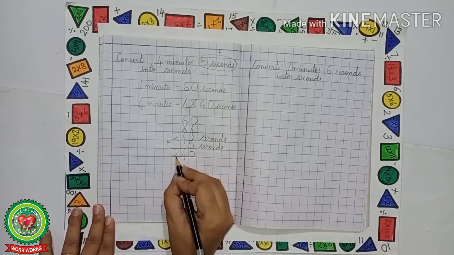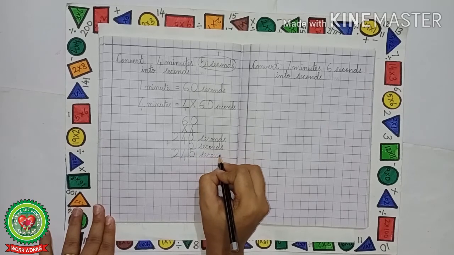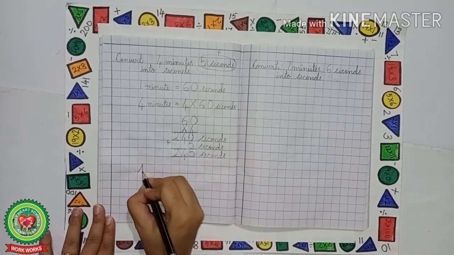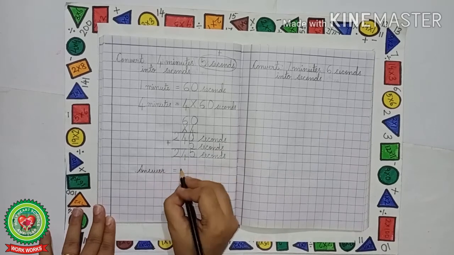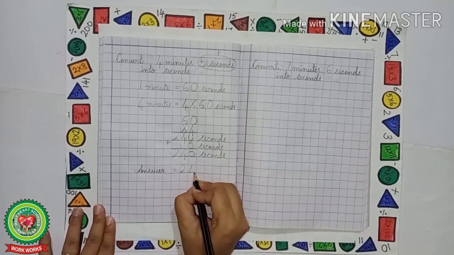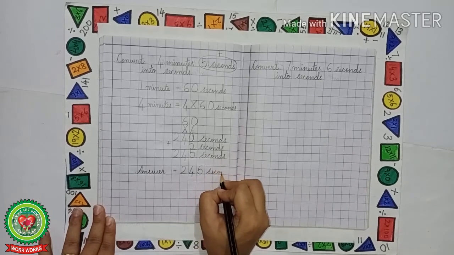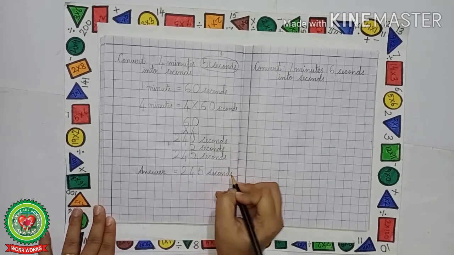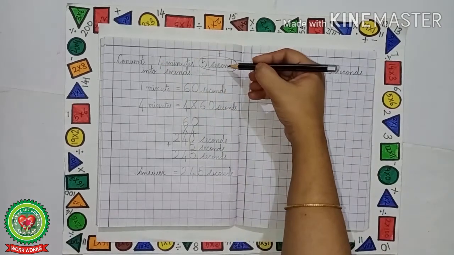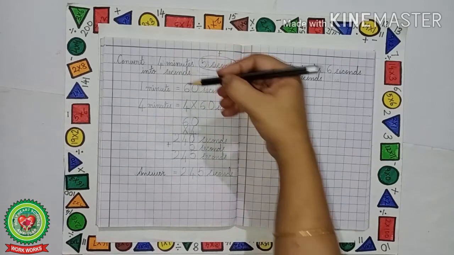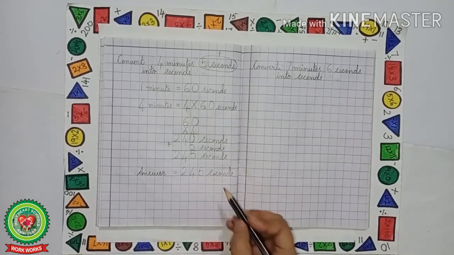So it is 245 seconds. So answer is 245 seconds. So kids, when we convert 4 minutes 5 seconds into seconds, we get the answer 245 seconds.